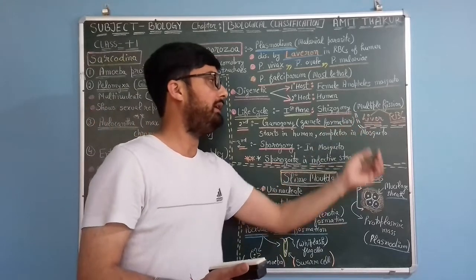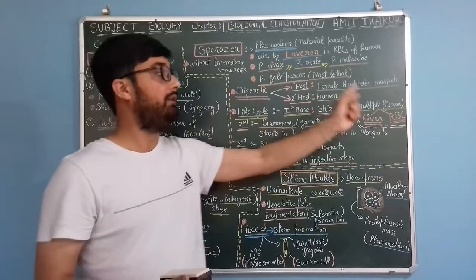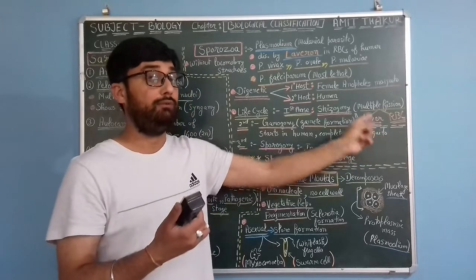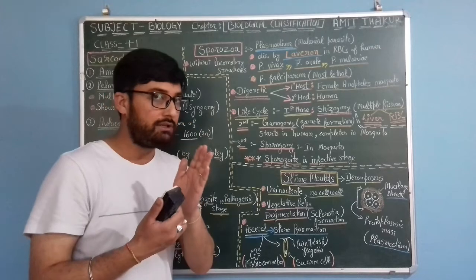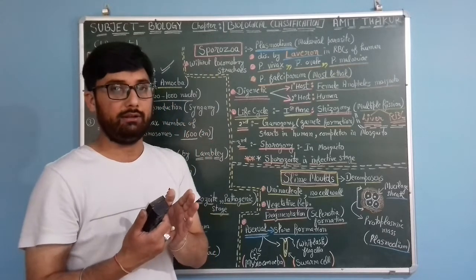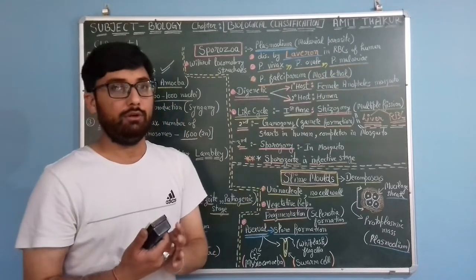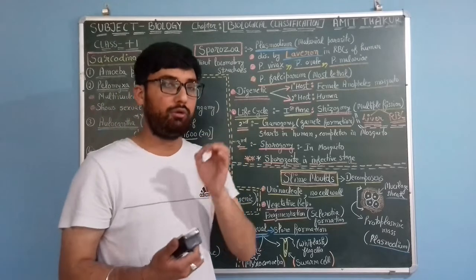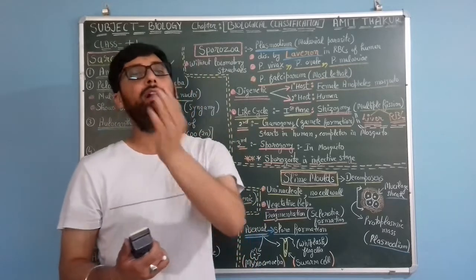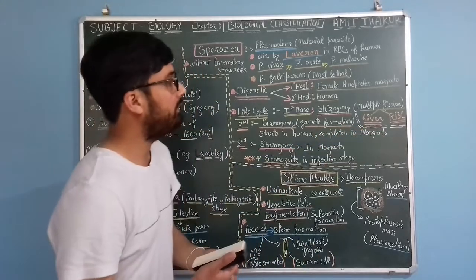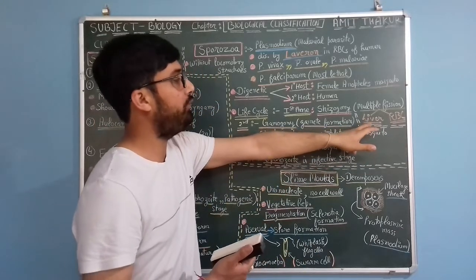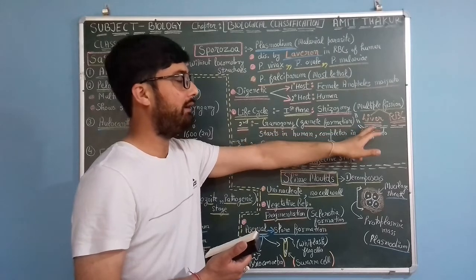Inside the human being, when plasmodium enters, it first attacks liver cells, then the RBCs. Meaning they first infect the liver, and after that the RBCs.